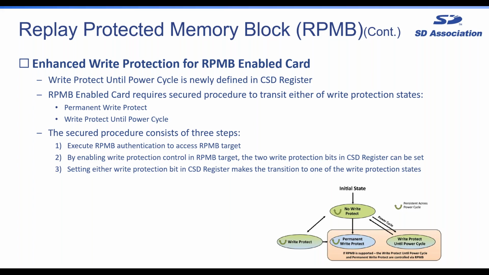And by enabling write protection control in the RPMB target, these new 2 CSD register bits need to be set. Setting either write protection bit in the CSD register makes the transition to one of the write protection states mentioned earlier. So the write protection mechanism and the RPMB feature are integrated, connected and required.